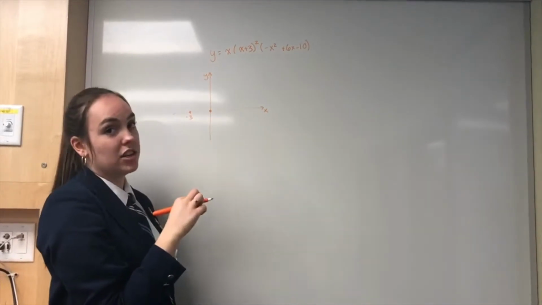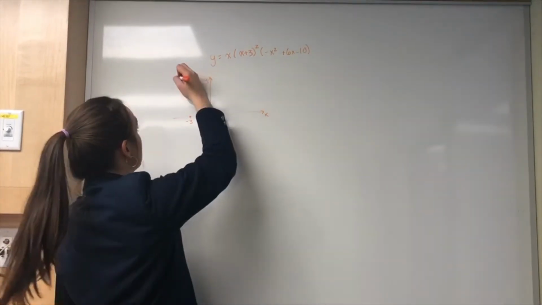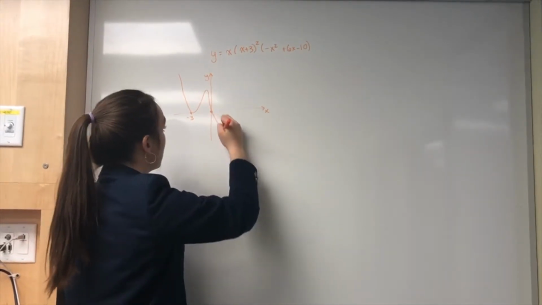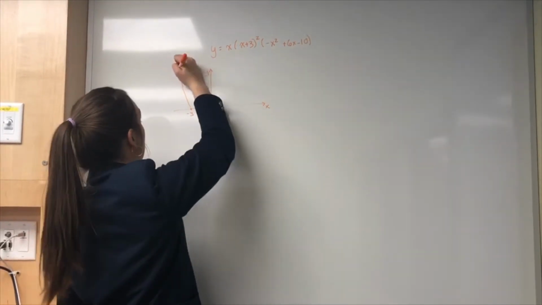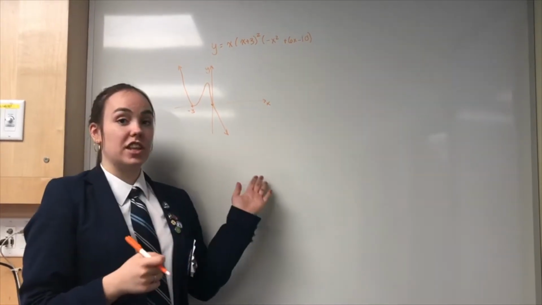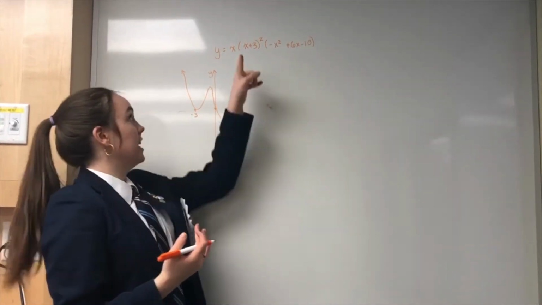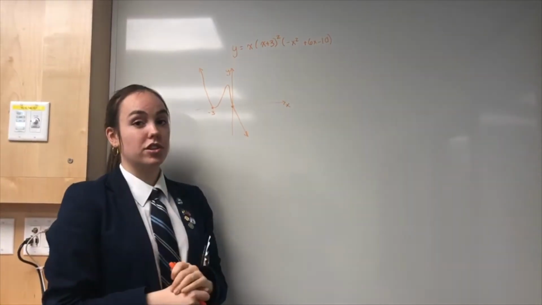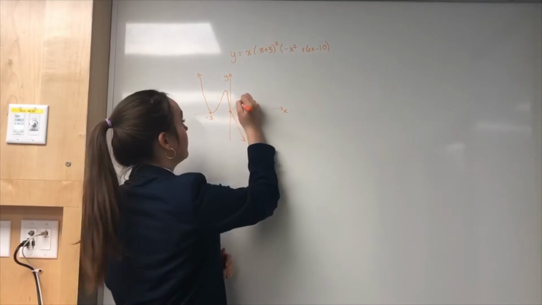So in this rough sketch, you can see what it would look like. That's what it would pass through. And from sketching this, you can easily see that even when y is equal to 0, x is equal to 0 too. So it passes right through the origin.